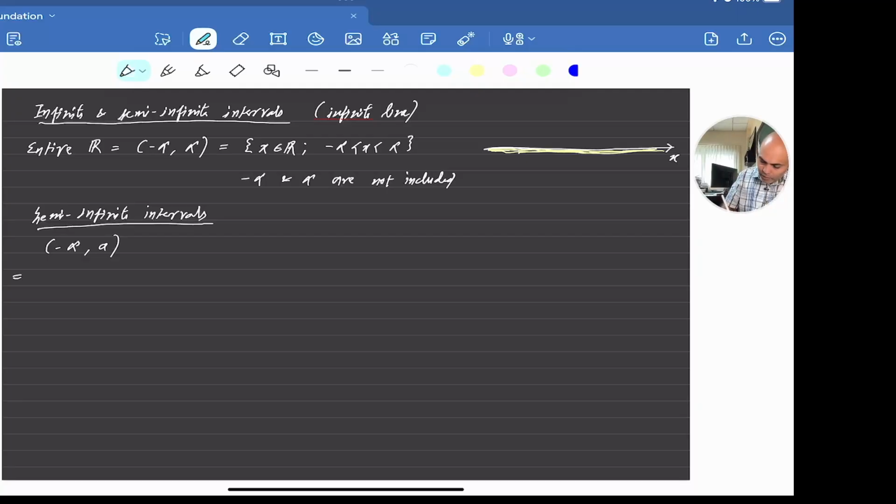So as a set, we can write it as x belongs to R and x is greater than minus infinity, less than a, where a is a real number.